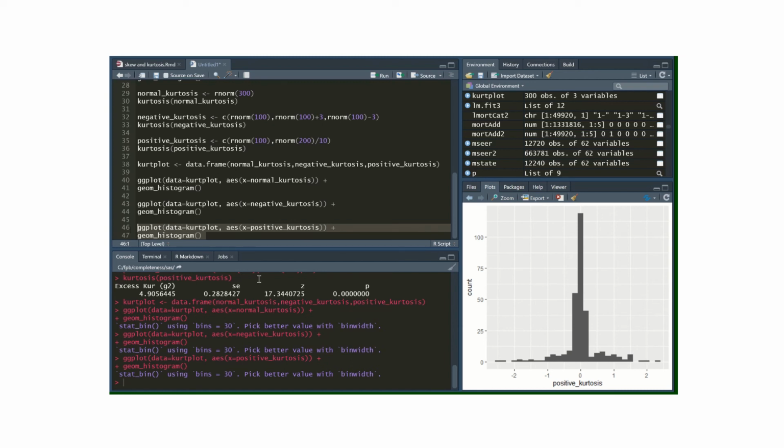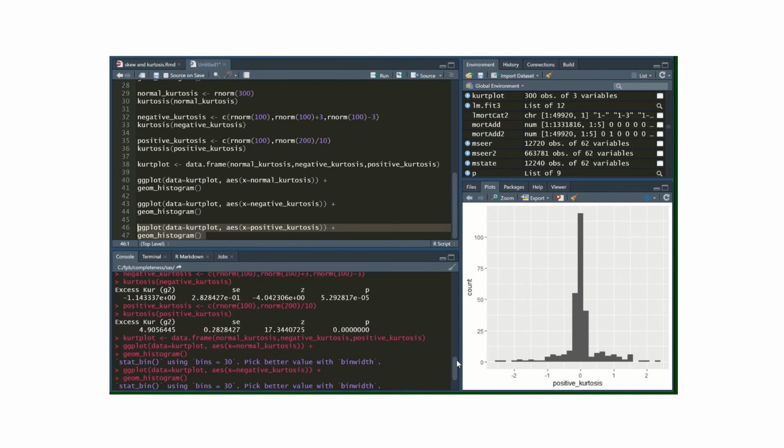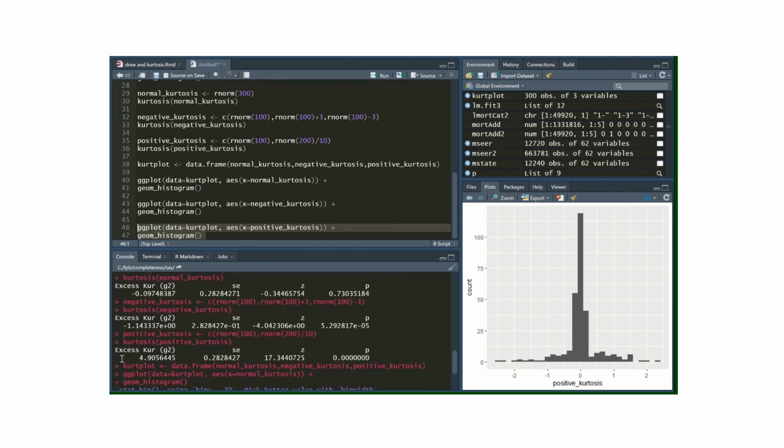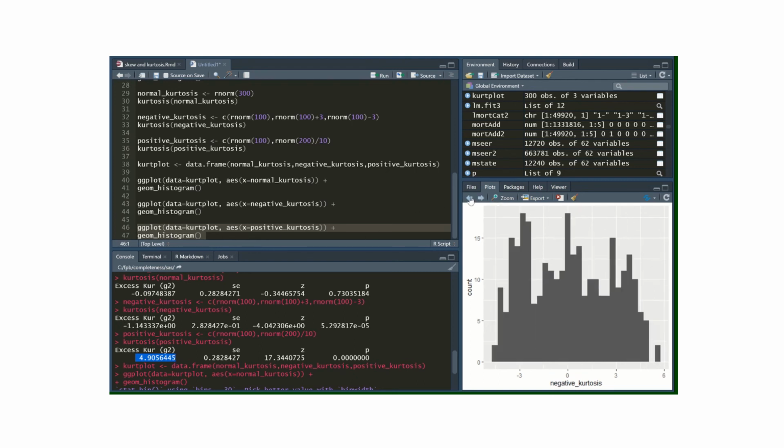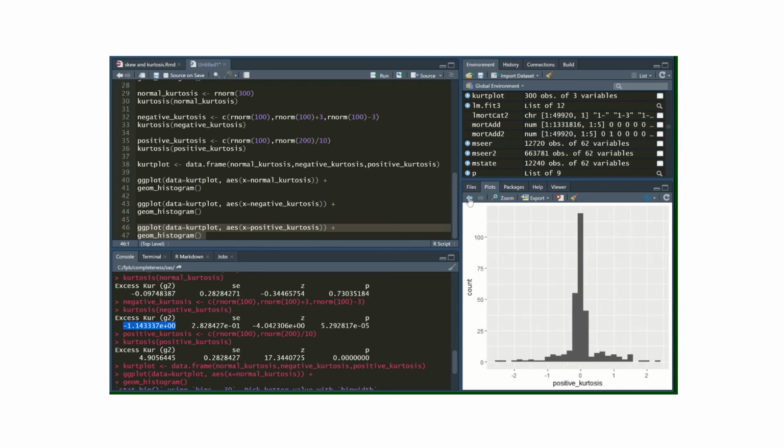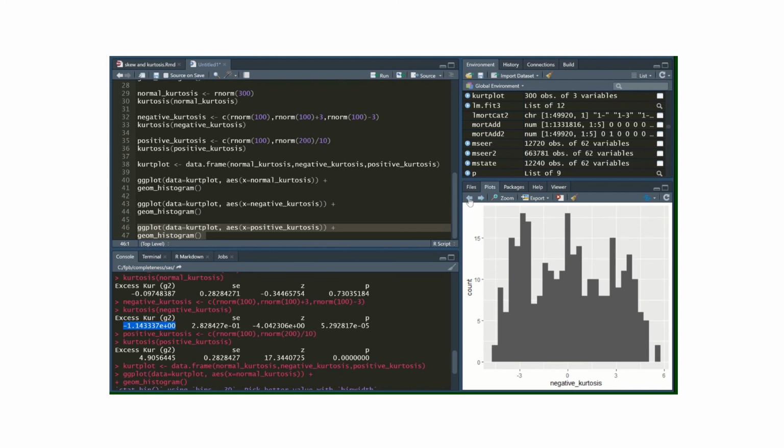And again, if we look at the values in our console, these are comparable to one another, and so we had very high excess kurtosis, positive kurtosis in example 3, and milder negative kurtosis in example 2, and that is why example 3, the positive kurtosis, looks more extreme, and this one looks noisier.